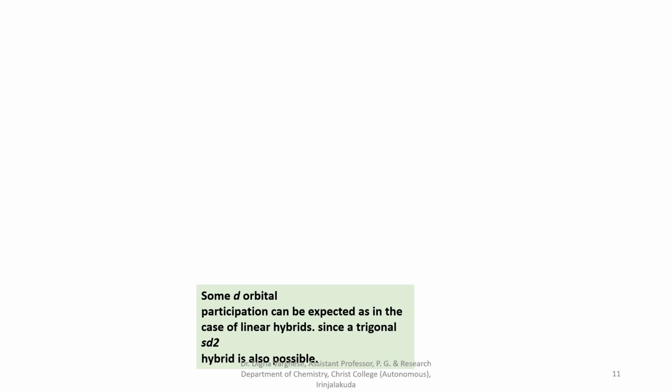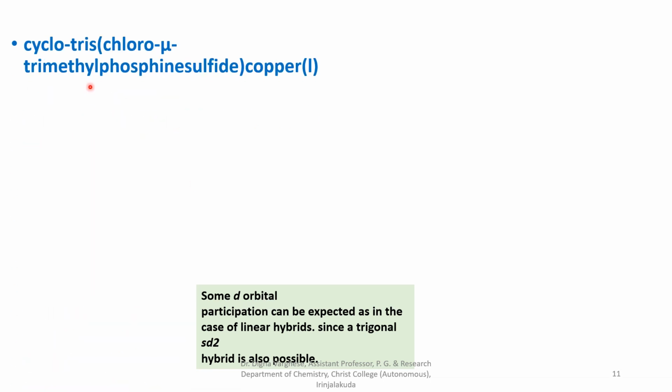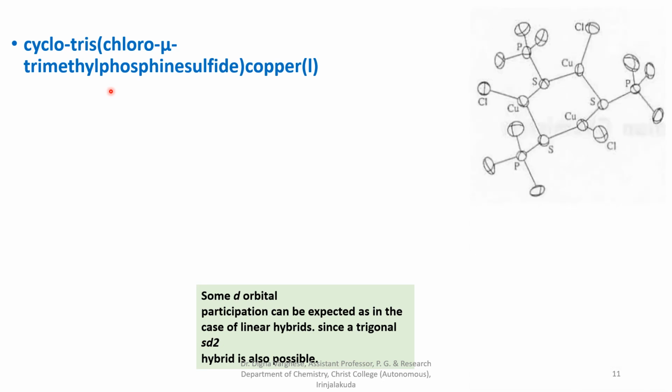Here you can see some other examples. Cyclotris(chloro-mu-trimethylphosphine sulfide copper(I)). Its coordination number is 3. Here each copper atom is joined to 2 sulfur atoms and 1 chlorine atom. So its coordination number is 3.